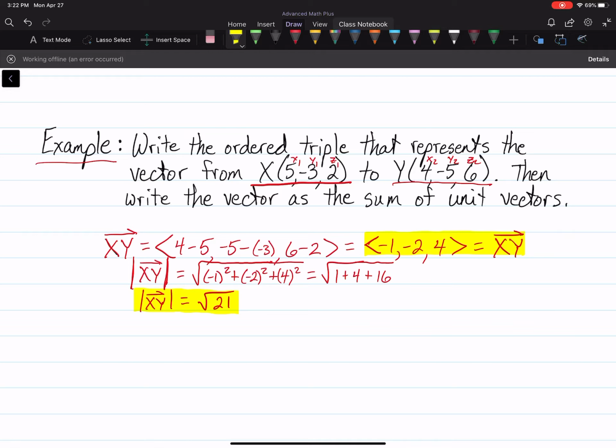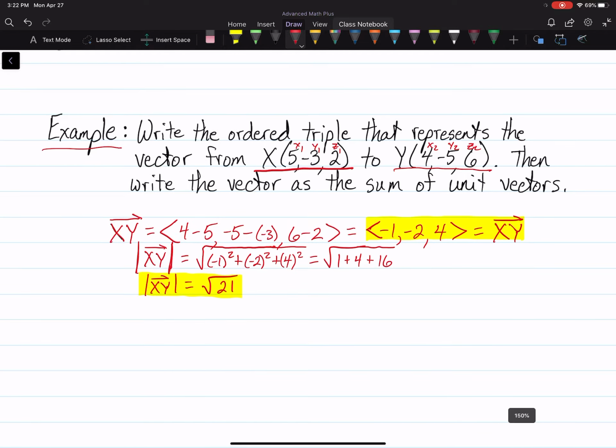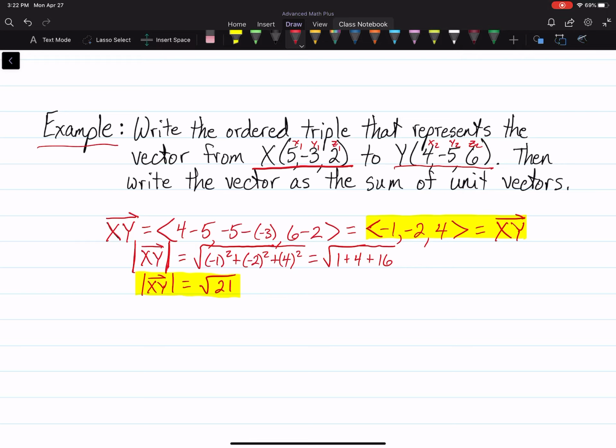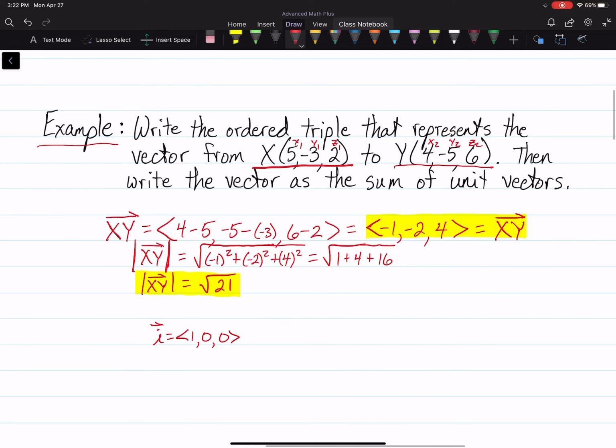And then when it says to write it as the sum of unit vectors, remember that's always pretty simple. Remember vector i is 1, 0, and since we're dealing with 3 dimensions now, you'll add another 0 on the end. Vector j is 0, 1, 0, and now we have a vector k for the 3rd dimension.